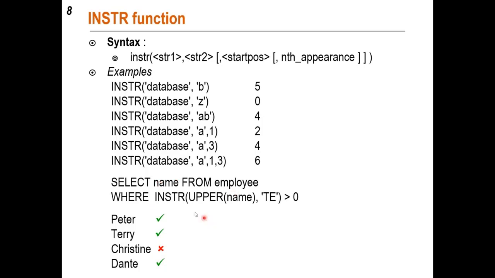So yeah, this is another example. I use the in-string function again. This time I'm using the column name. The column name is the name column of our employee table. I wanted to find out whether the letters TE appear in my original table.